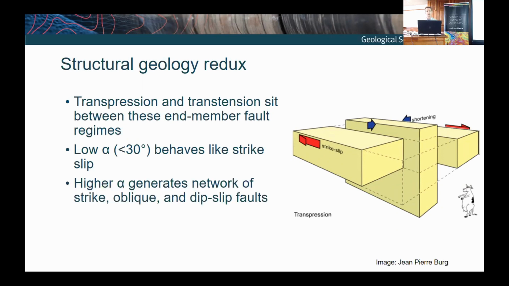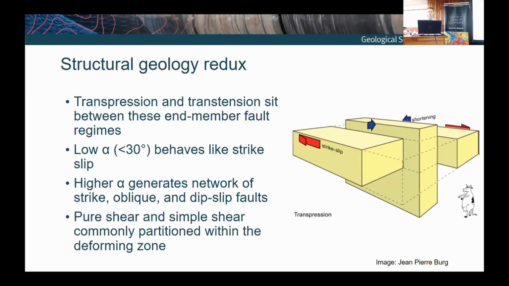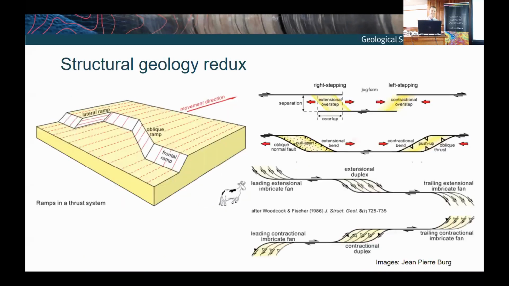At higher angles, you start to get more complex networks of strike slip, dip slip, oblique slip faults. Strain partitioning is really common in these things. Quite commonly, you partition out the simple shear, which is blocks sliding past each other, and pure shear, which is just more squishing.